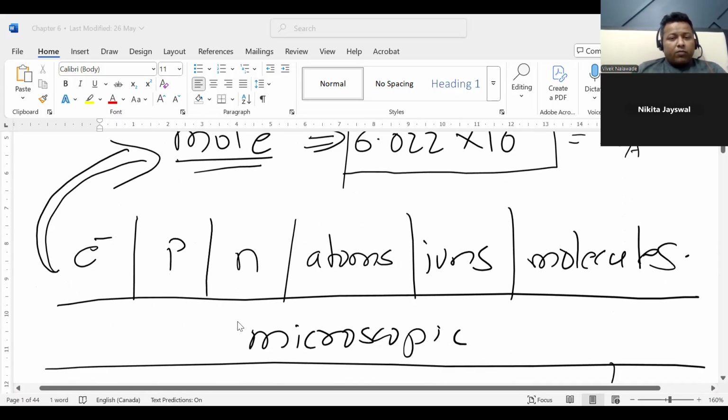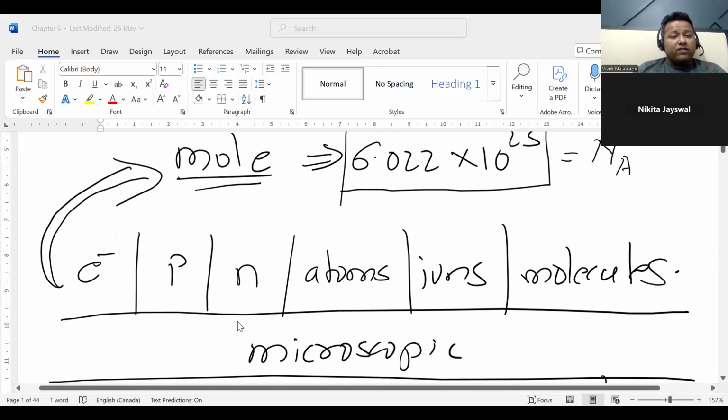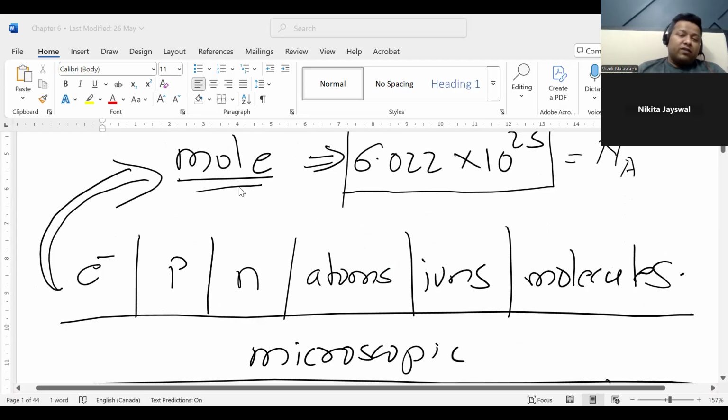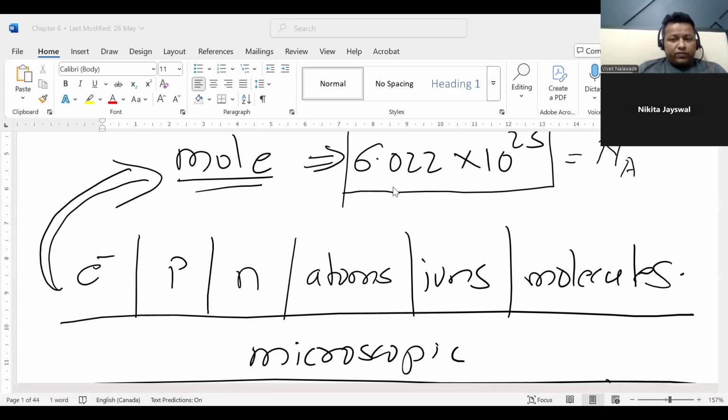But for microscopic entities, that number is negligible, so you need a larger unit. So dozen is a unit, pair is a unit, mole is a unit. That unit is telling you a specific number.